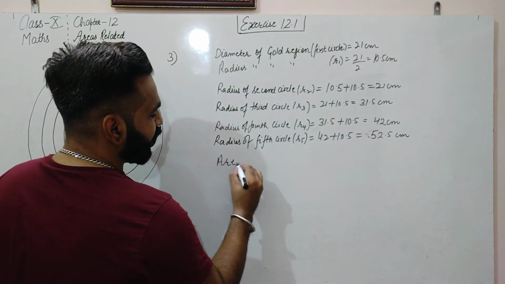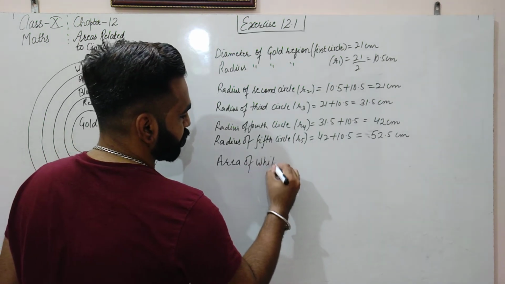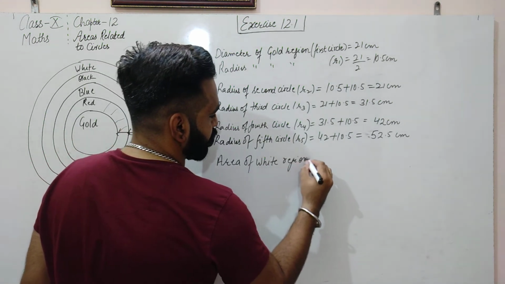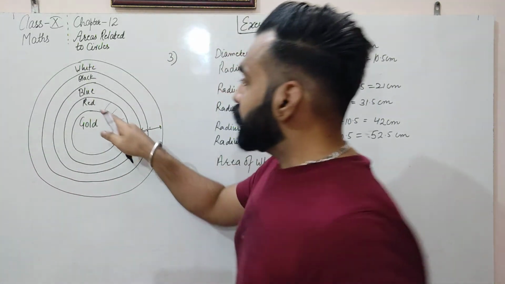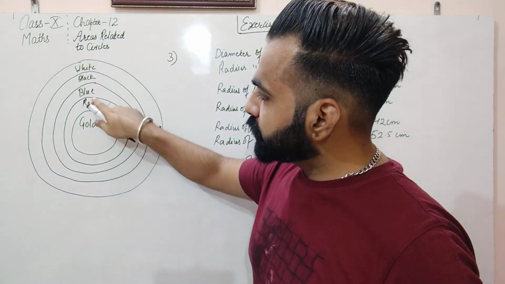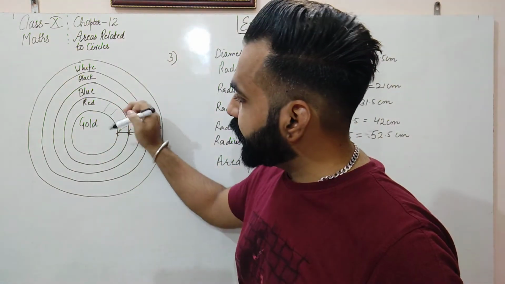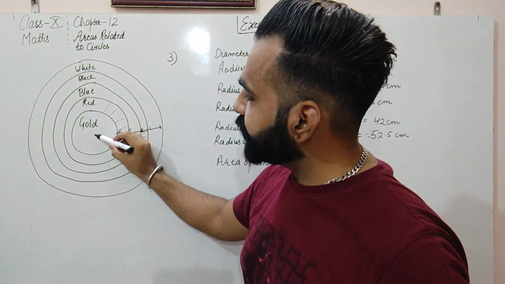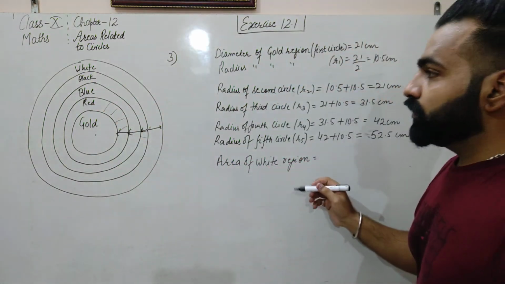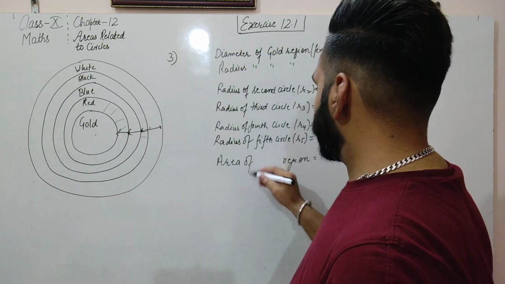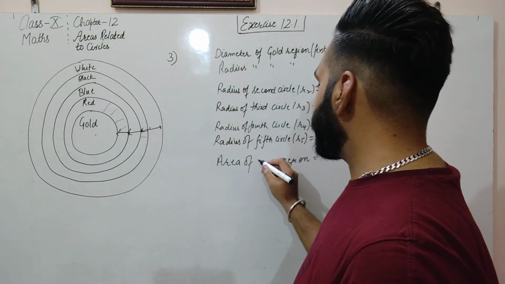Now area of white region. To find the area of the white region, we will subtract the area of the second circle, that means area up to the red side, from the area of the blue side. Oh sorry, this will be blue first. Red, gold is done, red is done, next is blue.